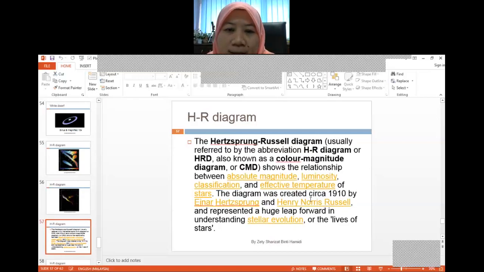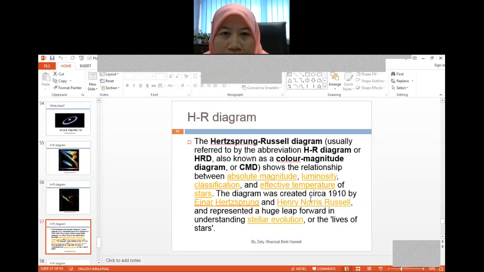It represents the Hertzsprung-Russell diagram, and it is also known as the color magnitude diagram, which shows the relationship between the absolute magnitude, luminosity, classification, and effective temperature. It was created by Ejnar Hertzsprung together with Henry Norris Russell, and it represented a huge leap forward in understanding stellar evolution.